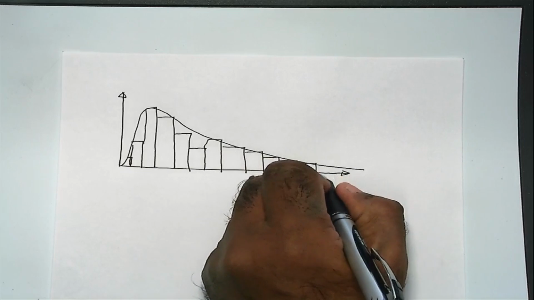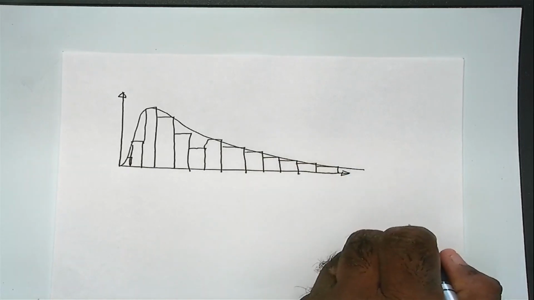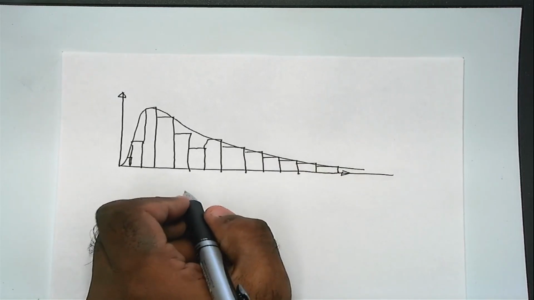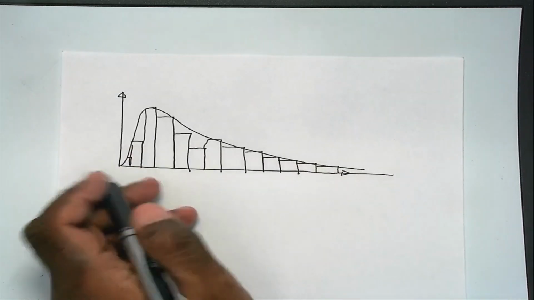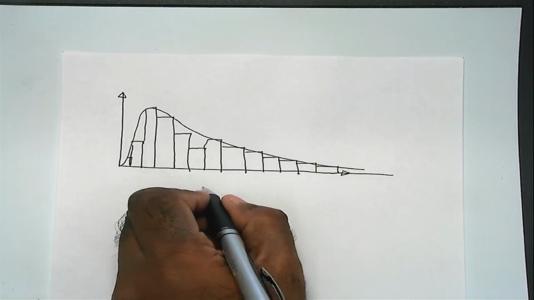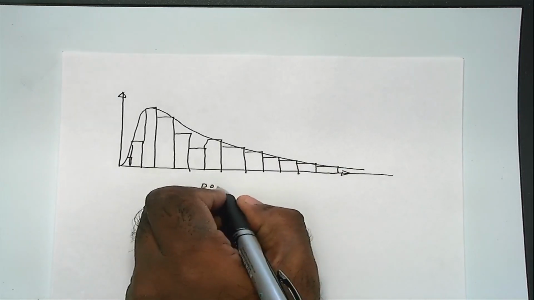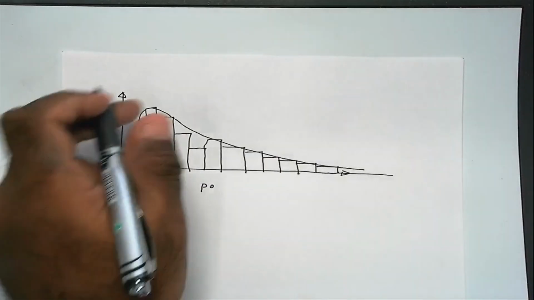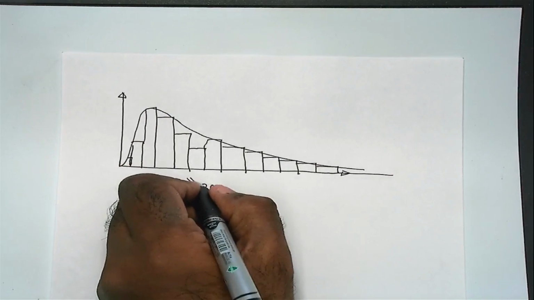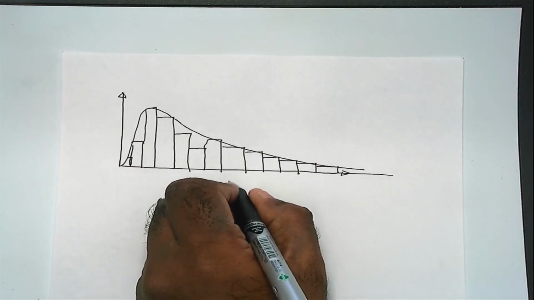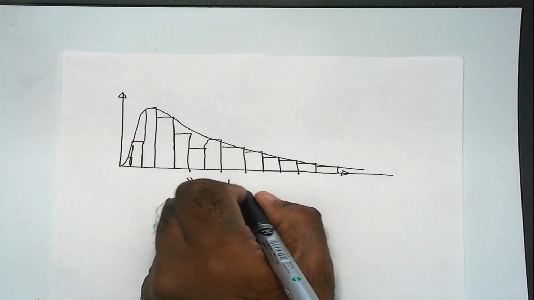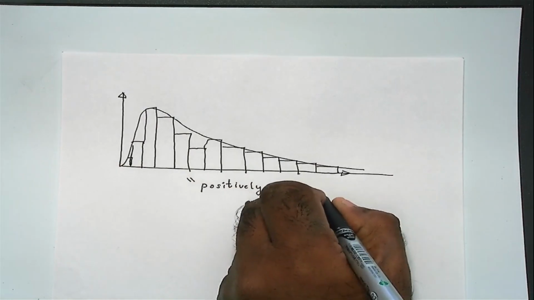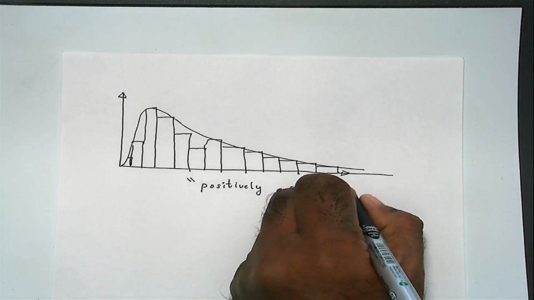In this case, what you have is a distribution that is positively skewed. This is known as a positively skewed distribution or histogram.